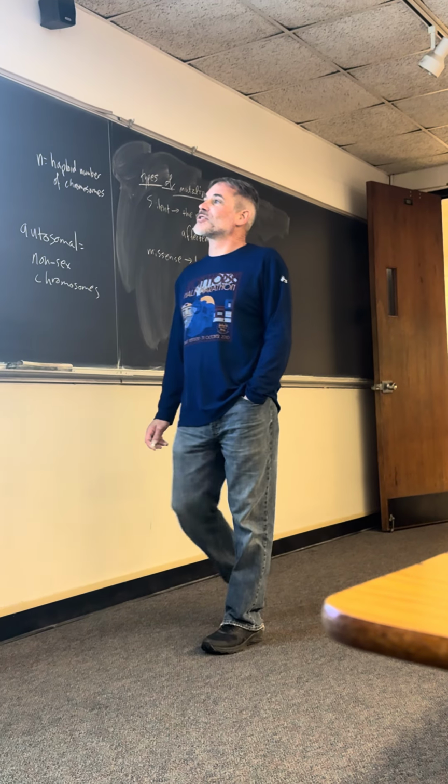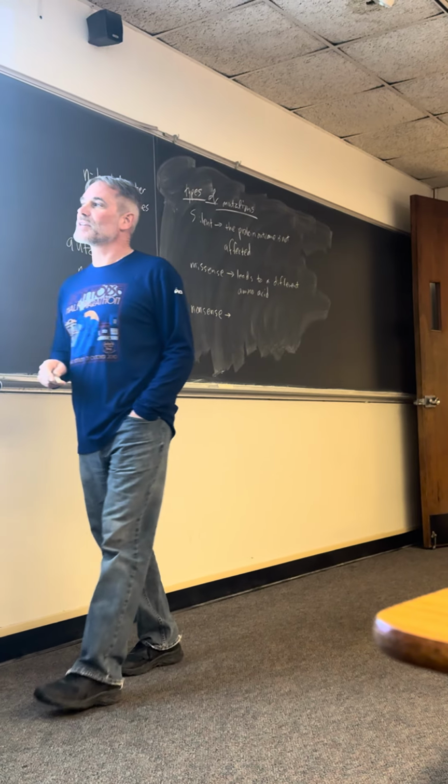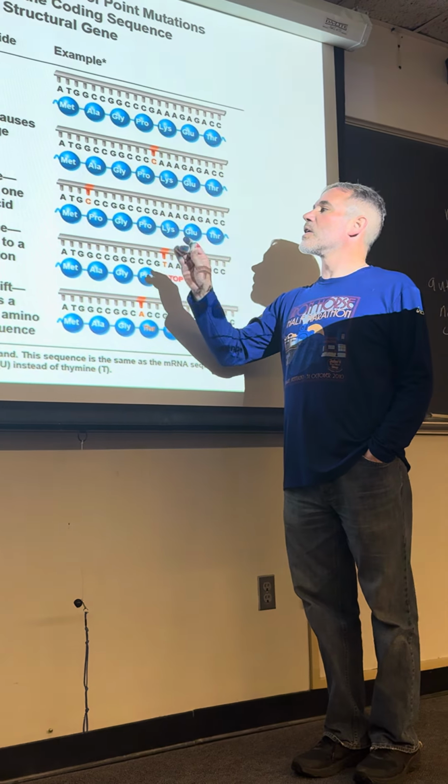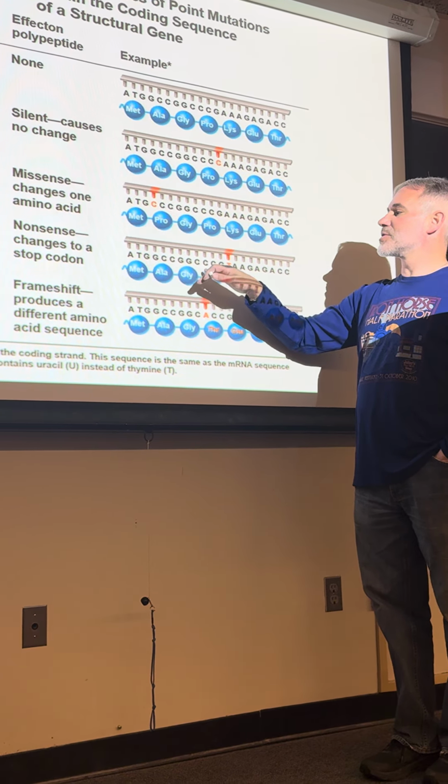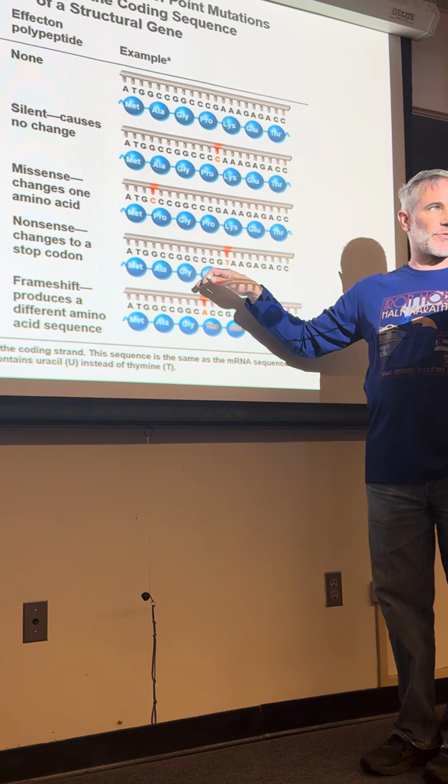The third one is called a nonsense mutation. And our codons, including the role of indicating which amino acid should be added to the growing protein, they also have to tell the ribosome to stop. They have to say, okay, this is where the instructions end. You're done with the protein, move on to the next thing.